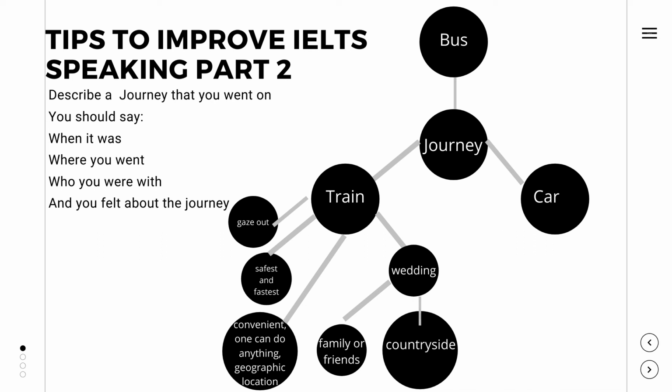And while explaining this bullet point, you can say that it was very convenient to travel by train because we were in a sleeping parlor. It was very convenient for me to have a sound sleep over there. And also in this kind of travel you can have the freedom to do anything.